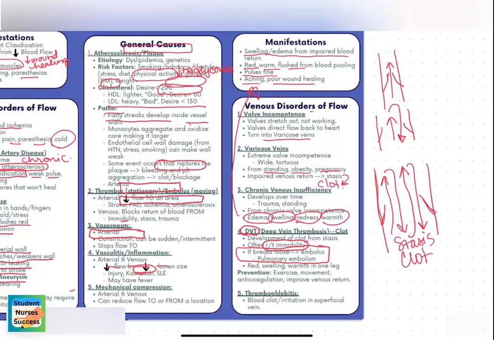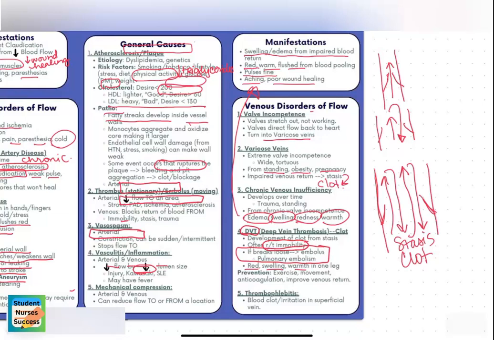What we will see in patients if they develop a deep vein thrombosis is redness, swelling, and warmth, usually in one leg. So it's real important to do your side-by-side assessment of their legs if they are immobile, especially, or if they have decreased activity levels. You'll actually see that leg get really red and swollen if a clot is starting to develop in their venous system.